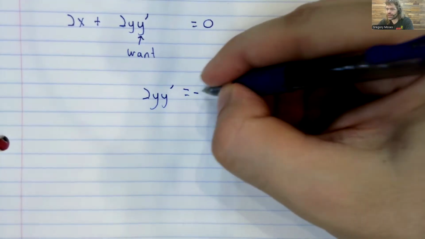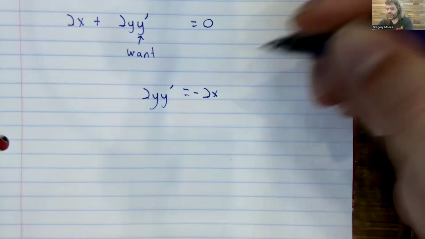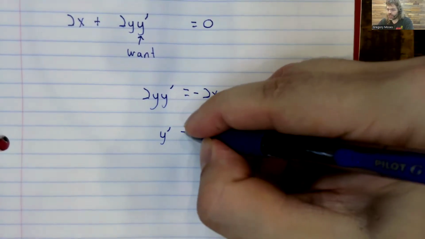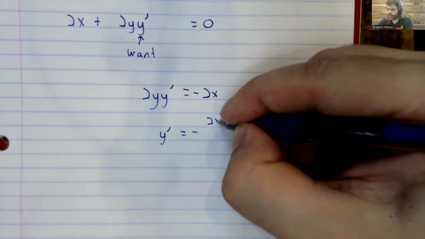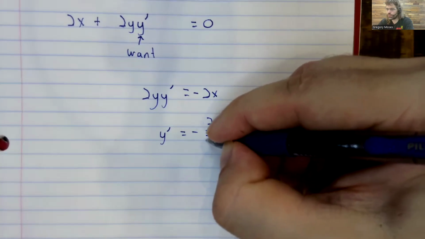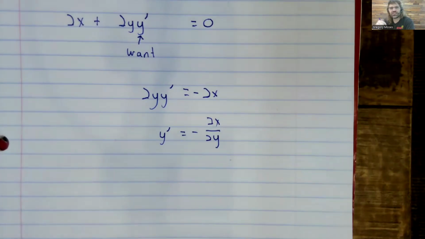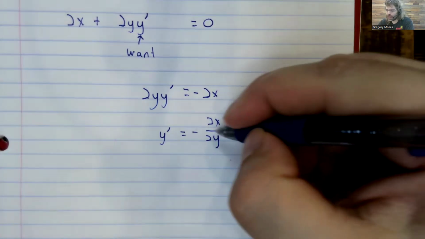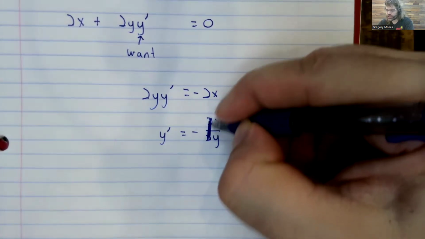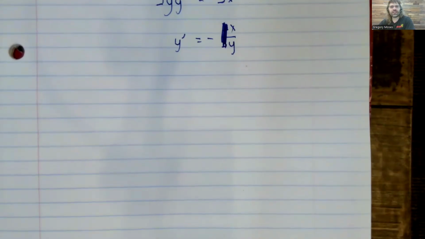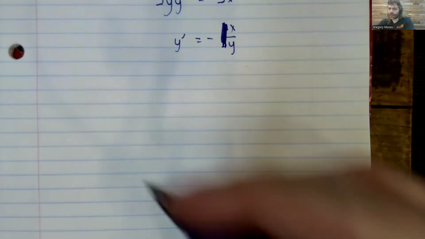Subtract 2x from both sides, divide both sides by 2y. Minus 2x over 2y, a bit of simplification here. The 2's cancel, and we get y prime equals negative x over y.